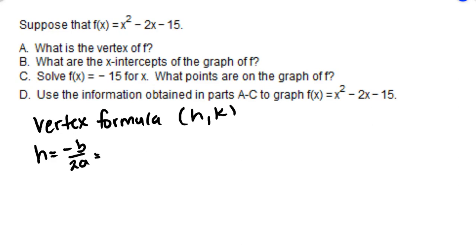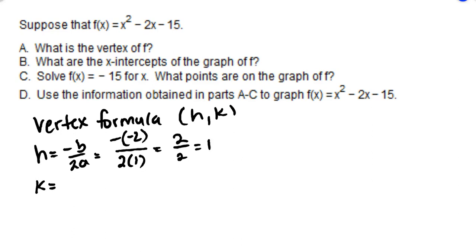A is the coefficient of the x squared term, and we have a coefficient of 1. B is the coefficient of the x term, and we have a coefficient of negative 2. So in the numerator, we have negative, negative 2, over 2 times 1. And this gives 2 over 2, which is 1. So the x-coordinate of our vertex is 1.